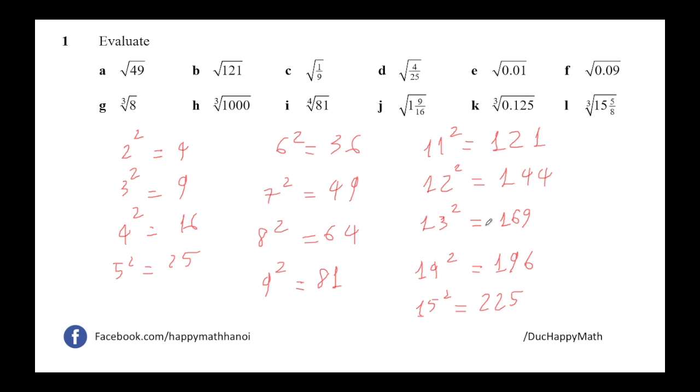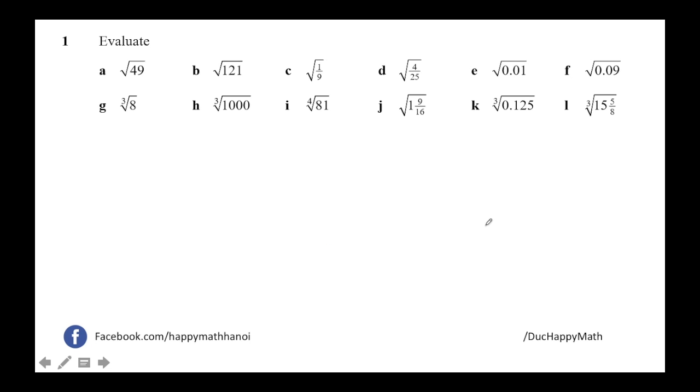In this table. Okay, how about cubes? In the cubes, the special ones: 2 cubed equals 8, 3 cubed equals 27, and 4 cubed will be equal to 64.